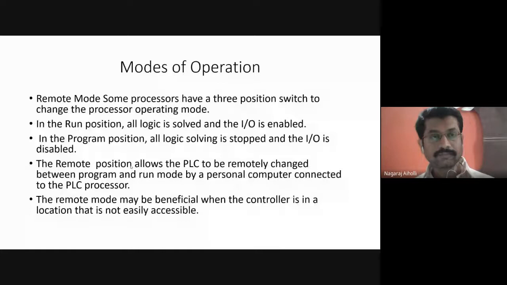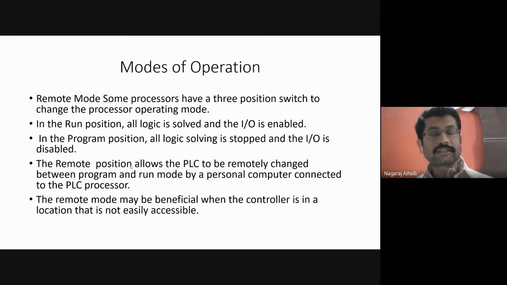And the last one is the remote mode. Remote mode, some processors have a 3-position switch for controlling the remote mode. In the run position, all the logic is solved and the IO is enabled. The program logic is solved and the input output is enabled. In the program position, all logic solving is stopped and the IO is disabled. We know that. And the remote position allows the PLC to be remotely changed between program mode and the run mode.